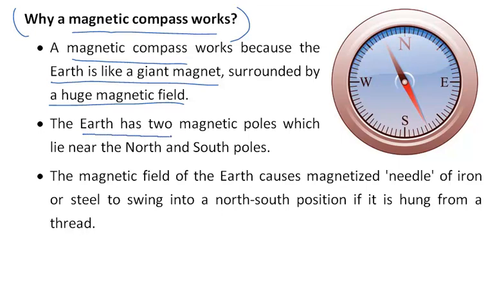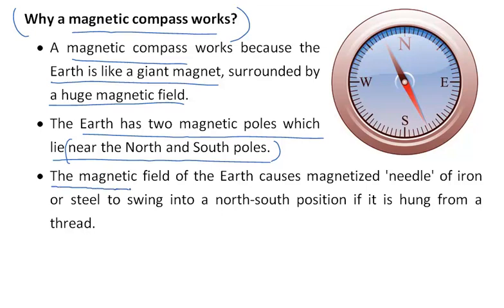The Earth has two magnetic poles which lie near the north and south pole. Now remember one thing, they are near the geographic north and south pole. They are not exactly at the north and south pole.